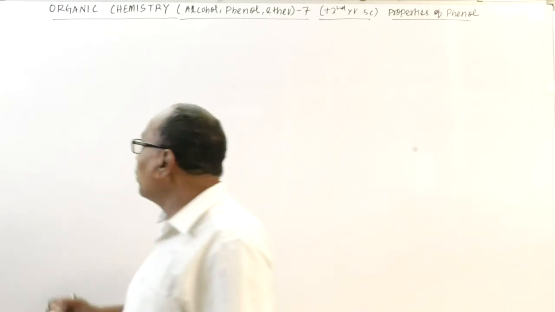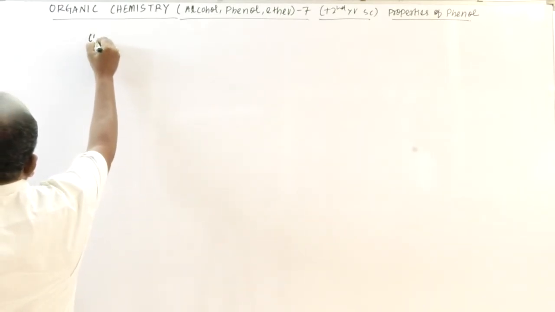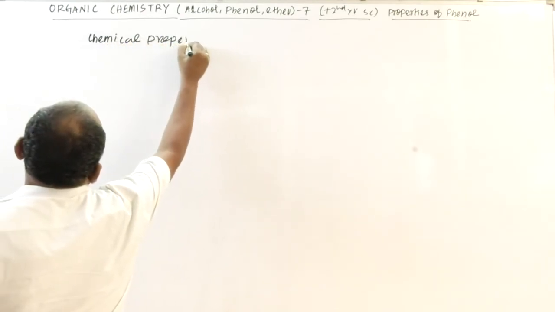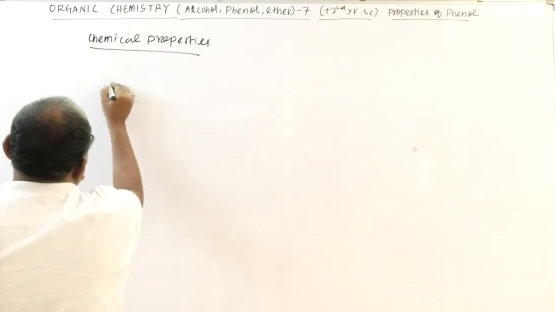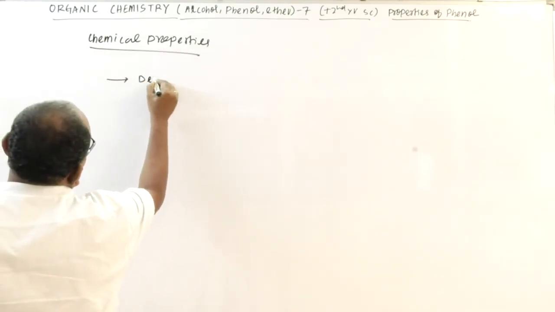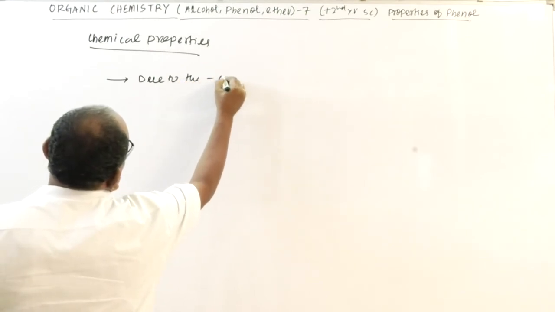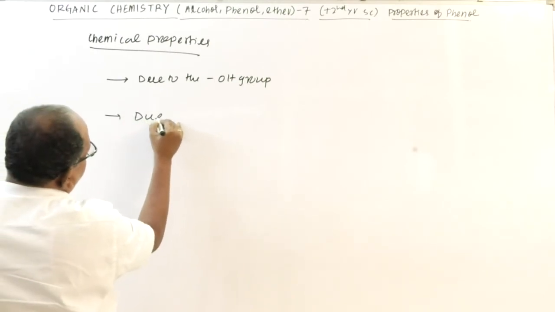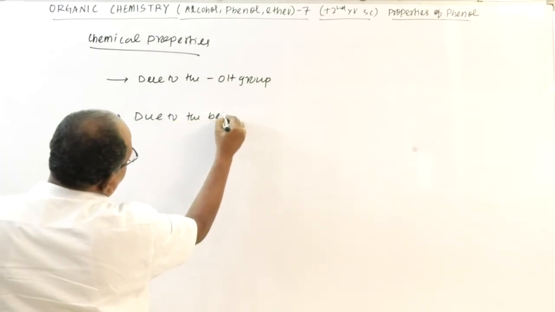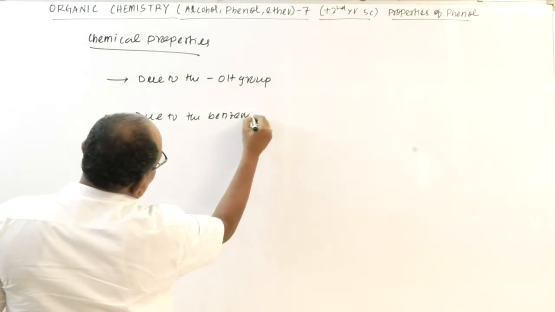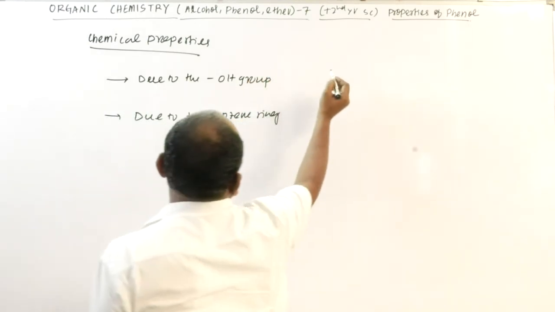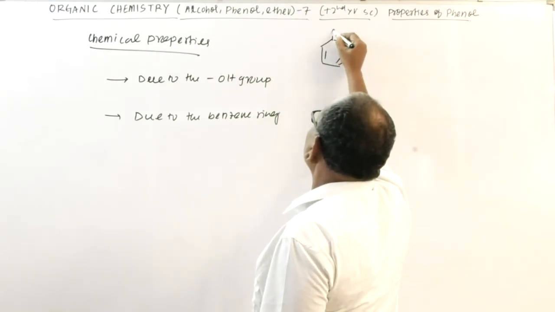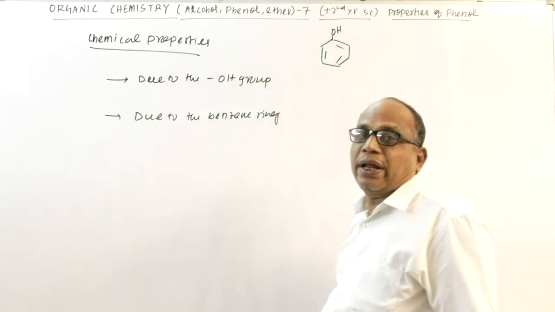The chemical properties of phenol: one is due to the OH group and the other is due to the benzene ring. You see, this is your phenol. And the phenol contains two parts.